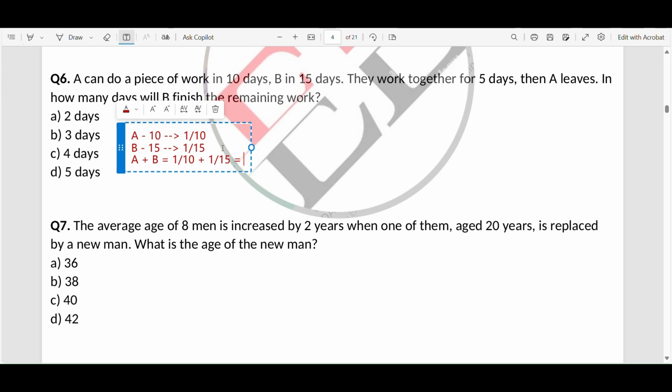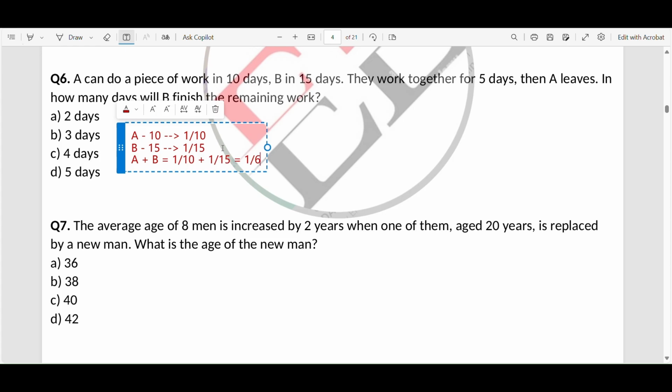A alone, how much he can do, B alone, how much he can do. Combining both, we get the work they both did. 1 by 10 plus 1 by 15 will give you 1 by 6. So this 1 by 6th part of the work will be done in 1 day.